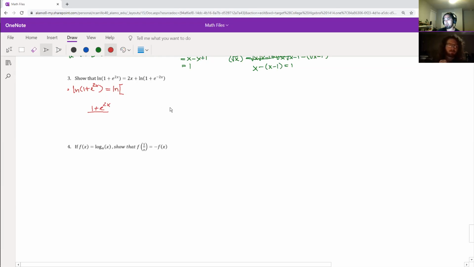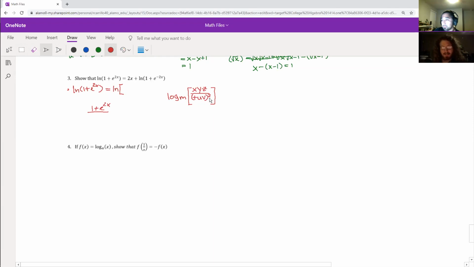So if you're splitting apart something like, a kind of big example, log base m of x, y, z divided by t, u, v squared, if you're starting here, you want to split the division first, right?